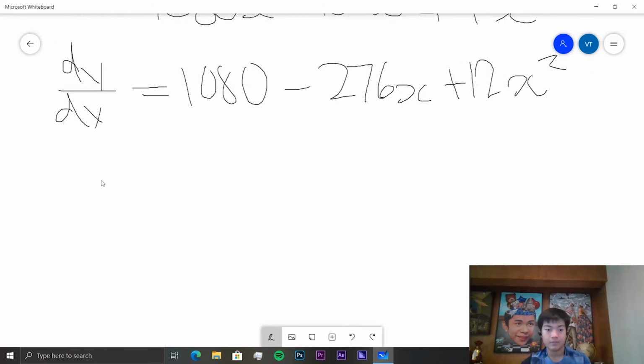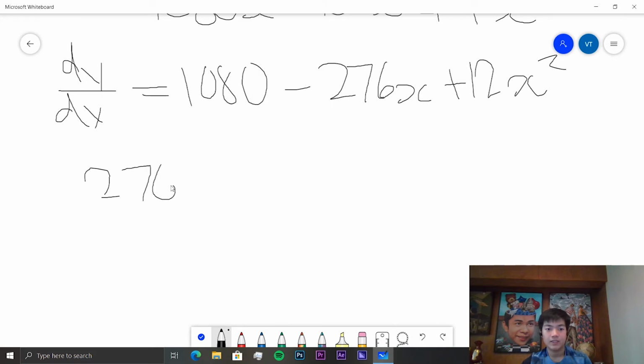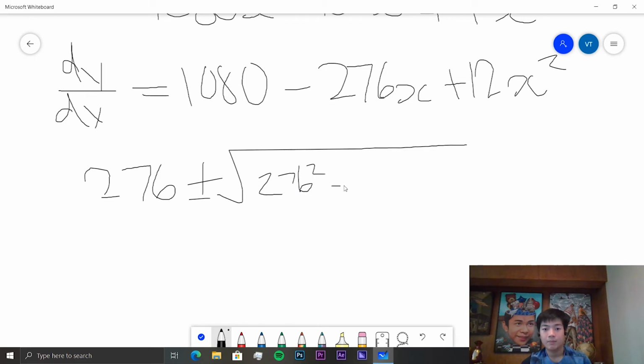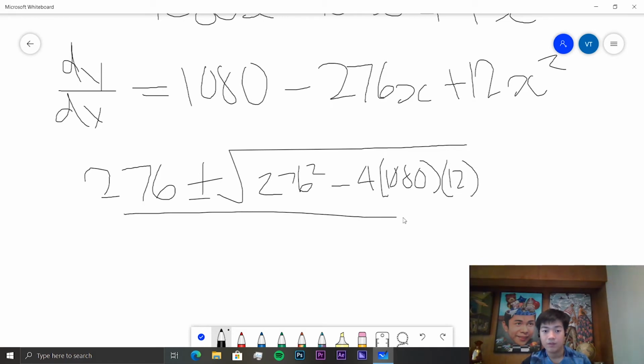So this is going to be 276 plus or minus the square root of 276 squared minus 4 times 1080 times 12, all over 2 times 1080, which is 2160.